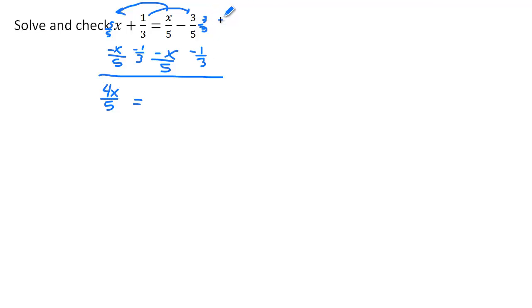So we will have negative 9/15. And if I take 1/3 times 5/5 to get my common denominator, I will have a negative 5/15. So negative 9/15 and a negative 5/15 is a total of a negative 14/15.